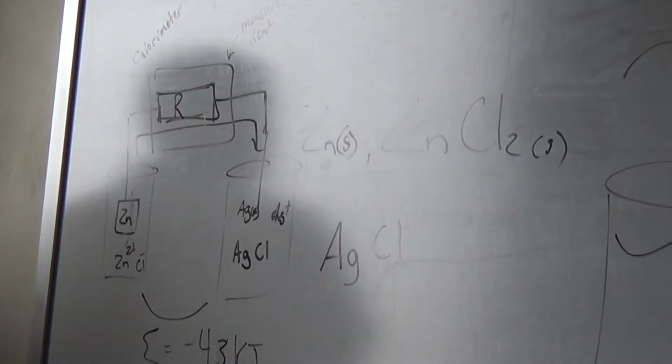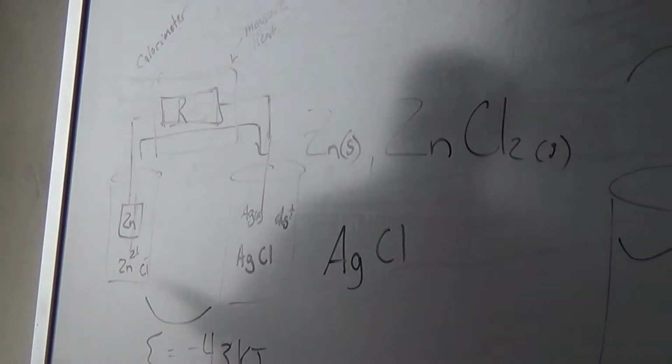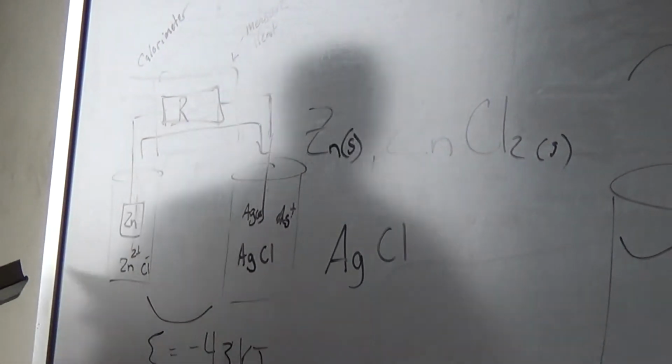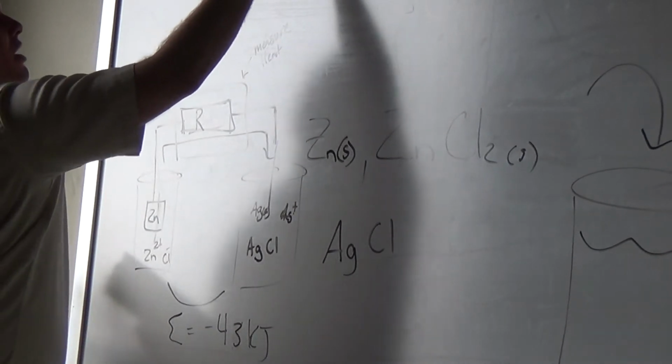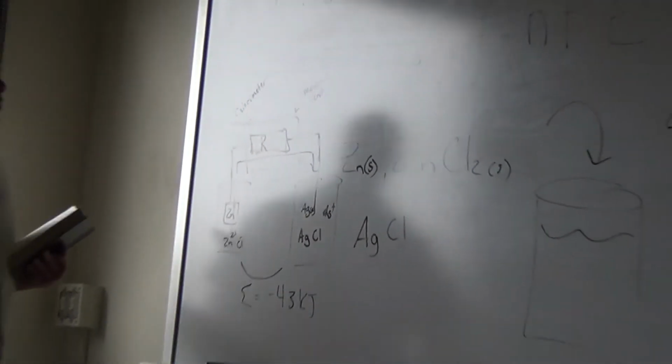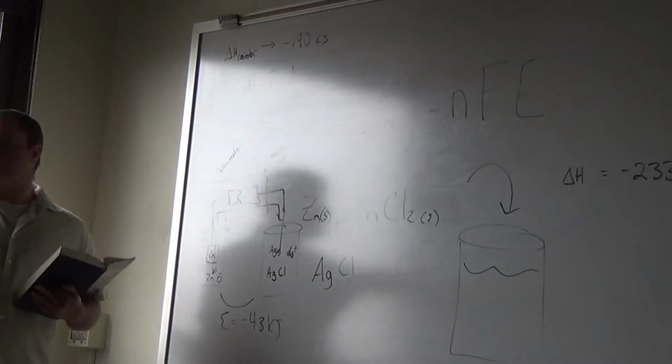You notice the sum of these things is 233, right? Work is equal to force times distance. When these electrons moved through that potential, there was a force that was exerted on them, and they traveled under the influence of that force over a certain distance.